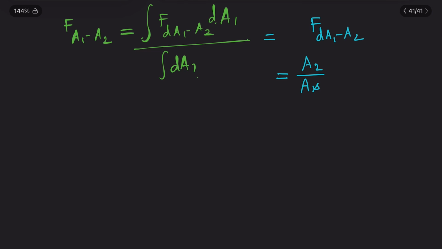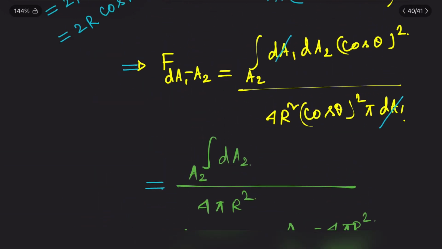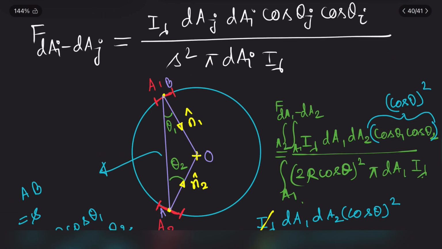So when I have to find f A1 A2 and A1 and A2 both are inside a sphere, then I can directly write this as A2 by AS. It is immaterial of the area A1, clear, it is A2 by AS.